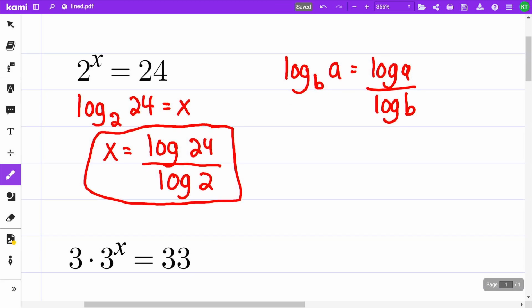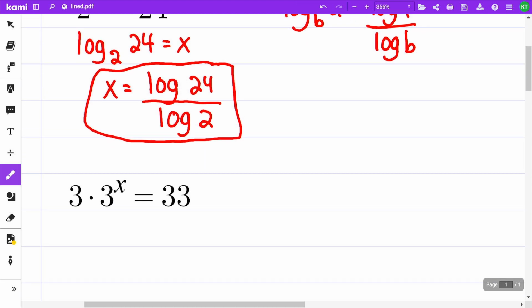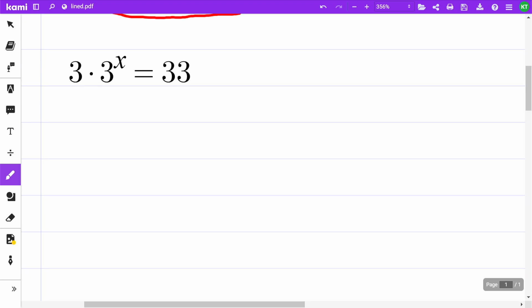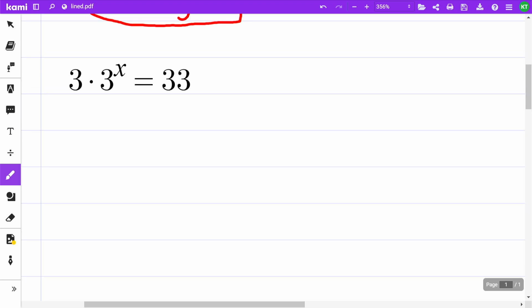Let's go ahead and extend this a little bit further, having to do some other operations. So I have 3 times 3 to the power of x equals 33. I want to get my exponential by itself, 3 to the power of x. So to do that, I will divide both sides by 3 at the start. So I will have 3 to the power of x equals 11.